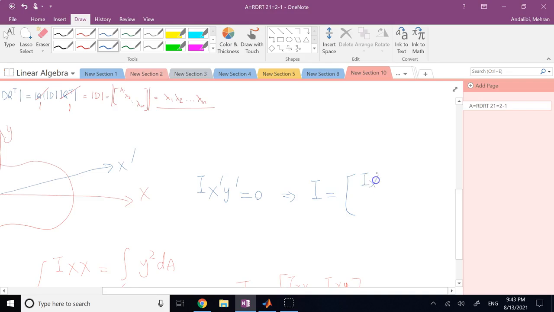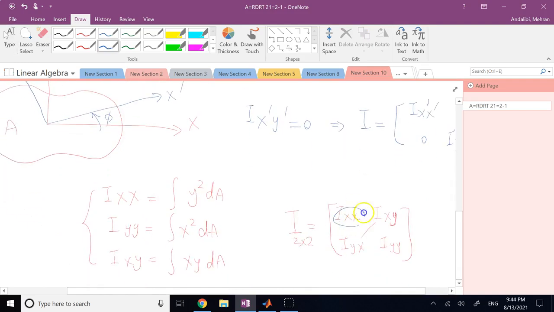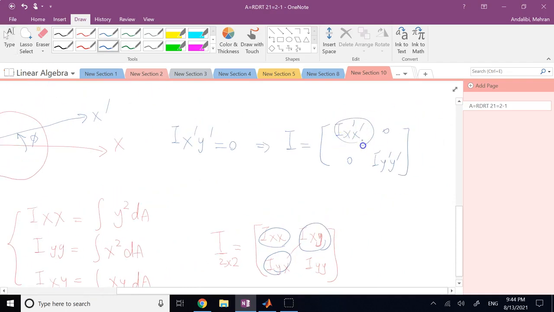It was Ix prime, Iy prime, and 0 and 0. So those set of axes for which the product was 0, we called principal axis, and we calculated some angle phi for them based on these three terms. And we could also calculate these principal moments, correct?